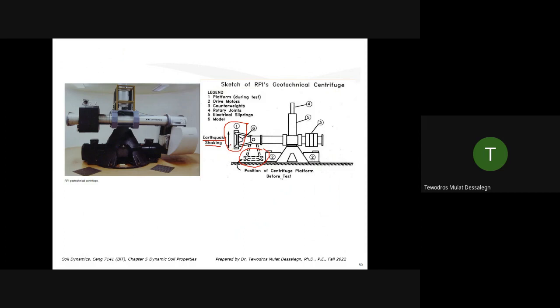So there are 2 things. Spinning by itself is a rotation, it's not a dynamic test. All it does is create a high centrifugal force and introduce that high G. But together with that spinning, you can apply earthquake shaking in any direction. In this case, a horizontal shaking is applied.